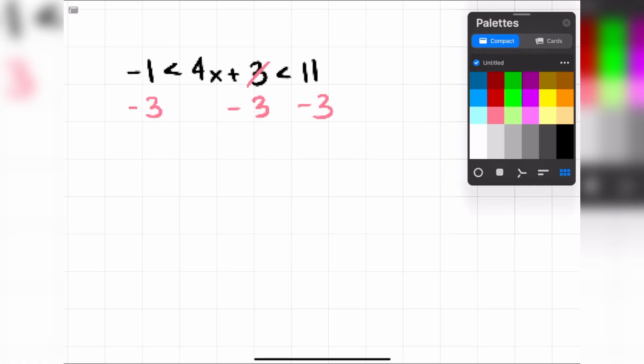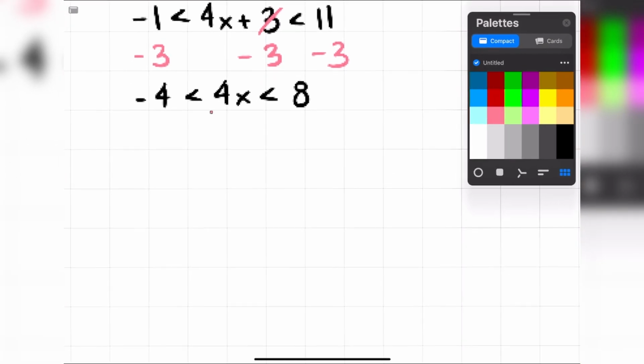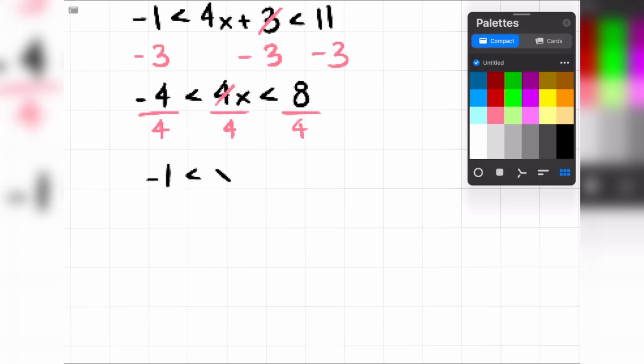So then we are going to have -4 is less than 4x less than, and then 11 minus 3, I'm going to make sure I don't mess up simple math here, is 8. Now we can divide everything here by 4, all of it here, cancel out that 4 here. On the left side, we're going to get -1 is less than x, which is less than 2.